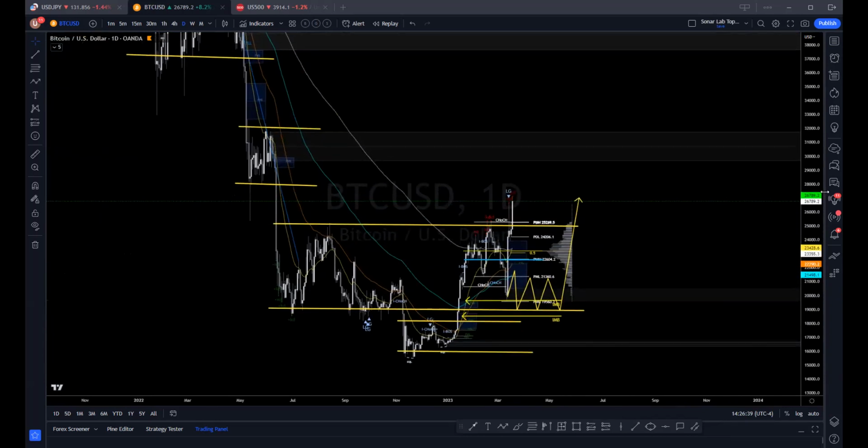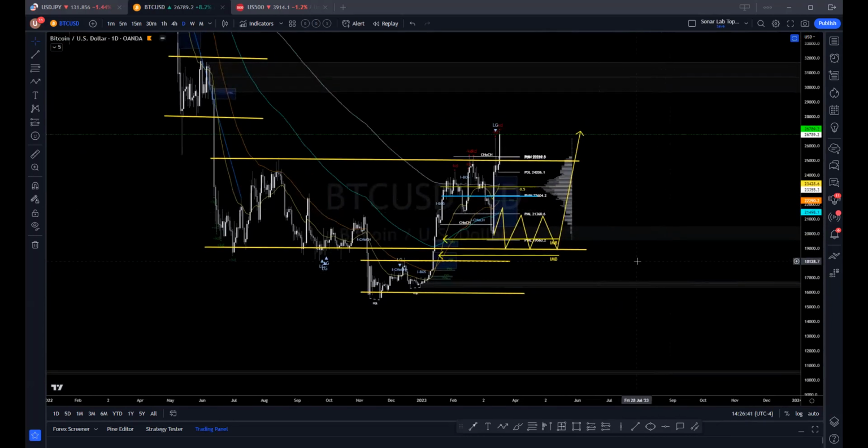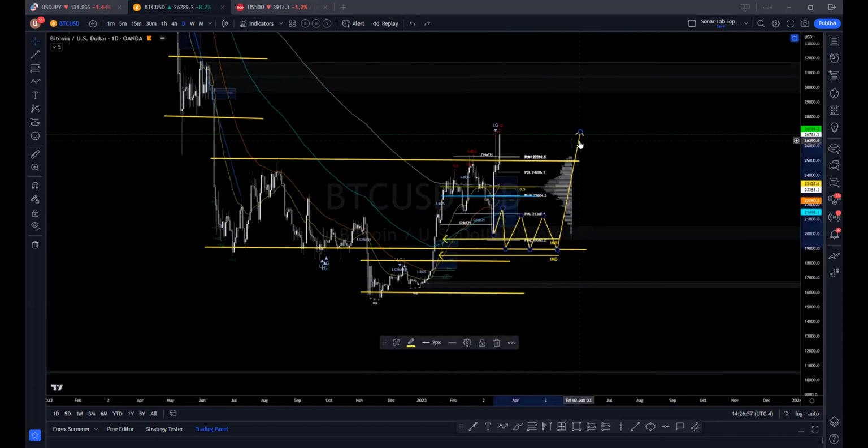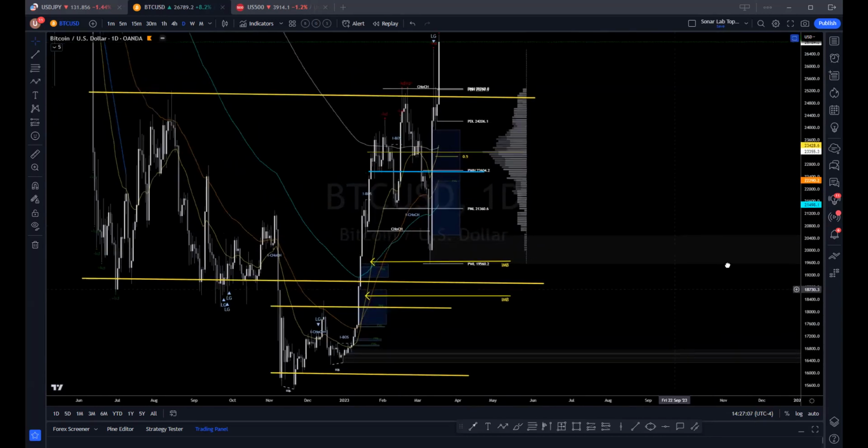Okay, all right. What did we do? All right, so I had possible ranging for BTC down here. This is where I had us going down to, and we did go down there in terms of Bitcoin prices coming down to 19.5, and it came down exactly what I had expected from a market structure standpoint.